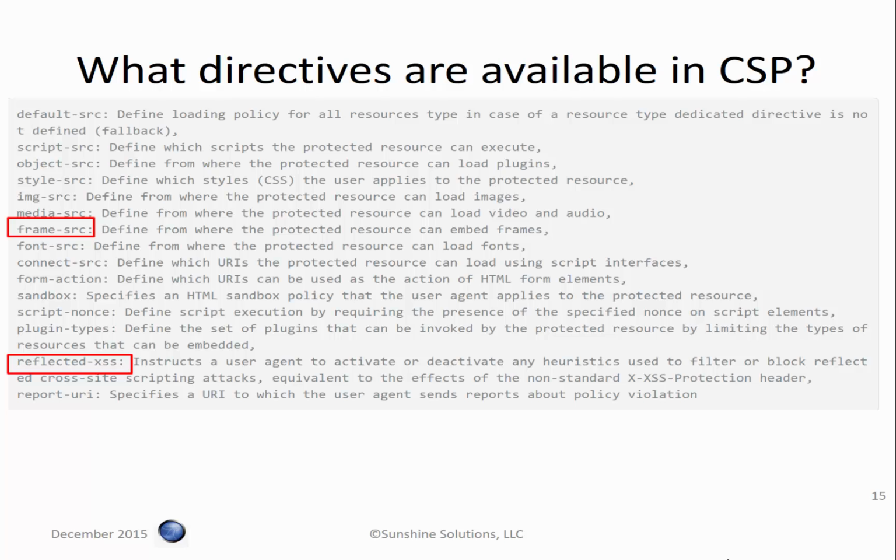So this is where we get into the fine tuning of the policy to be specific to your web application. There could be instances where you need externally referenced sources, and so CSP allows you the ability to actually add that in.